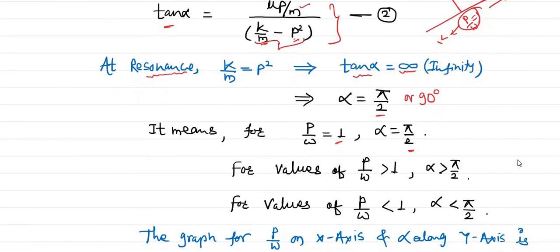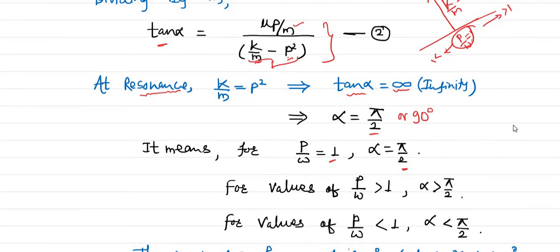Okay, have some patience, why we are calculating this you will come to know. And obviously from this graph only we can say, for smaller values of p by omega, alpha will always be less than pi by 2, and for higher values of p by omega which are greater than 1, the alpha will always be greater than pi by 2. Yes, because we know that this p by omega is moving from here, it is having value 1 and here it is greater than 1 and here it is less than 1.